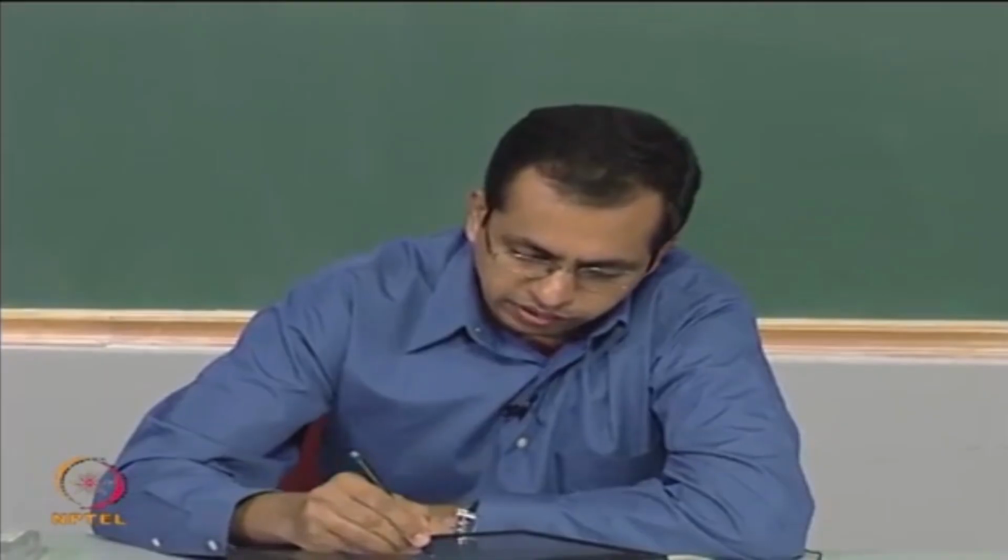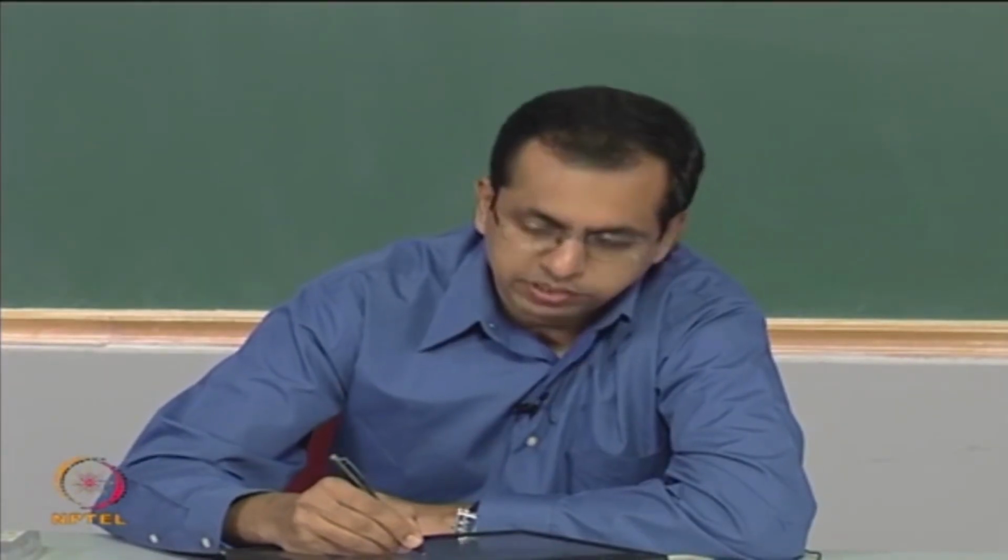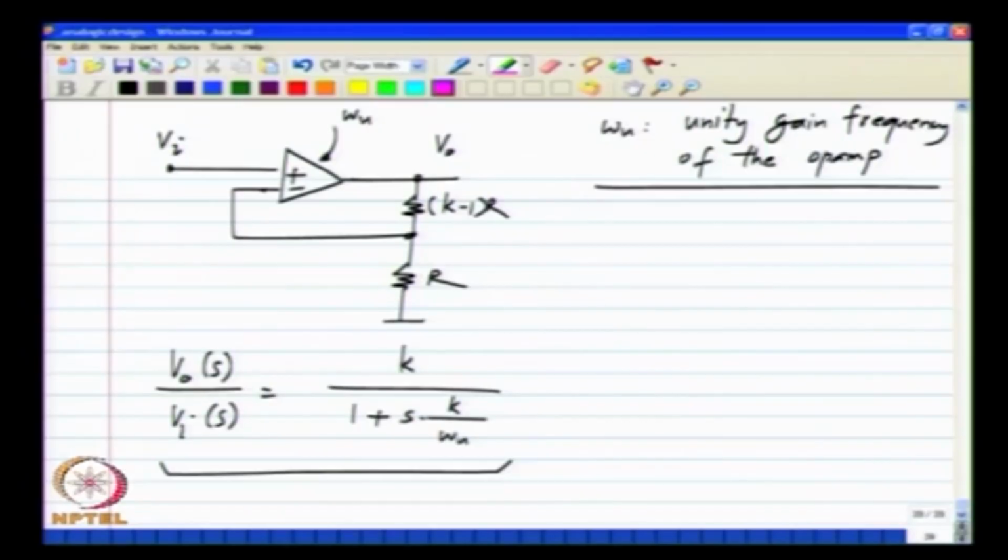If you go on increasing the unity gain frequency of the op amp, if you go on increasing the value of omega u, what happens is the bandwidth of the system goes on increasing. Okay. Bandwidth of the system is given by omega u divided by k, and if you go on increasing the value of omega u, the bandwidth goes on increasing.